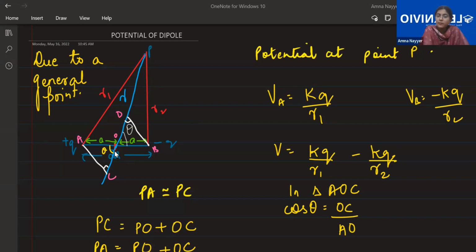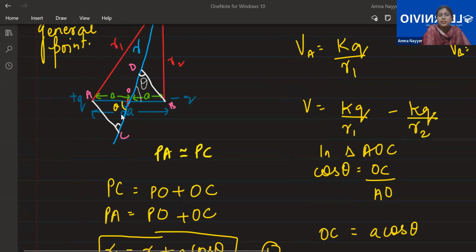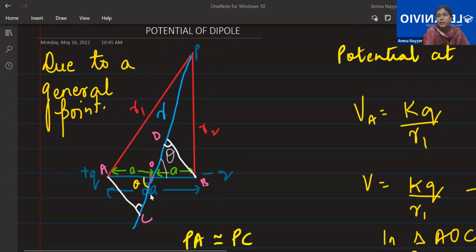So cos theta: this is the perpendicular, this is the base, and this is the hypotenuse. So cos theta will be base by hypotenuse, that is OC by A. So from here we got the value of OC as A cos theta.